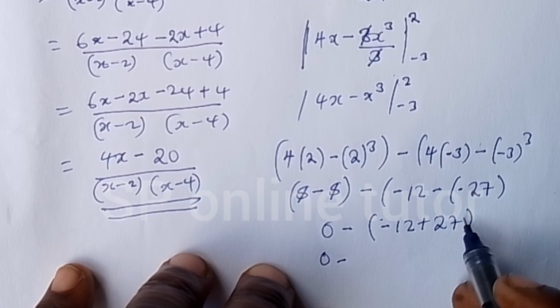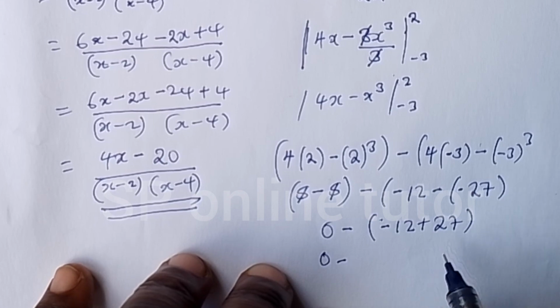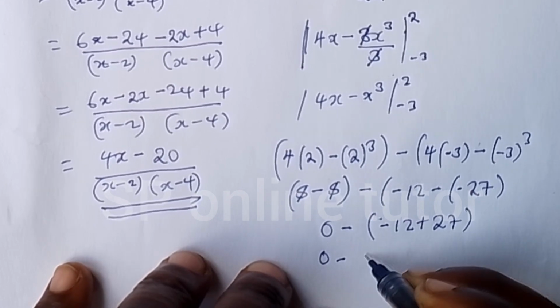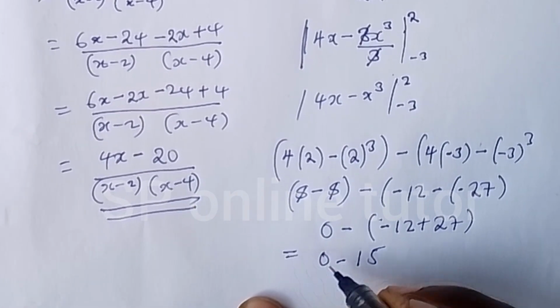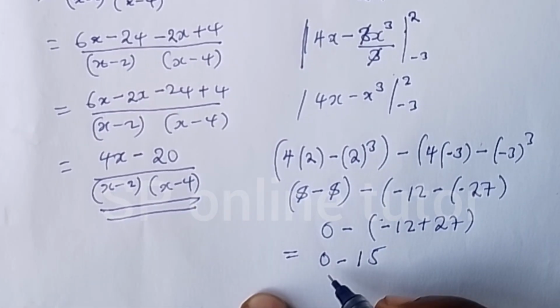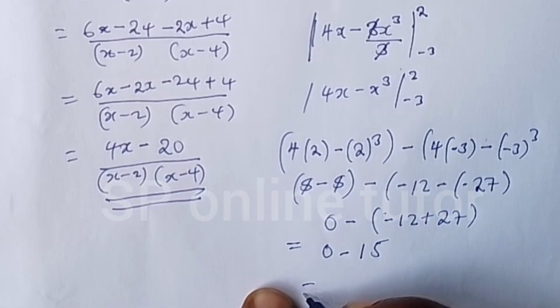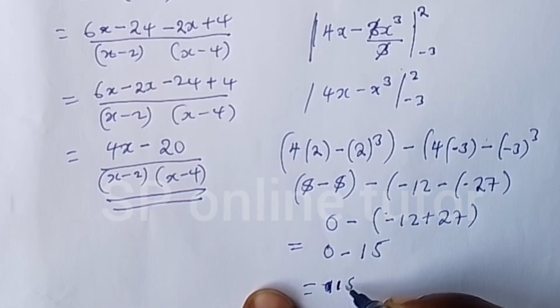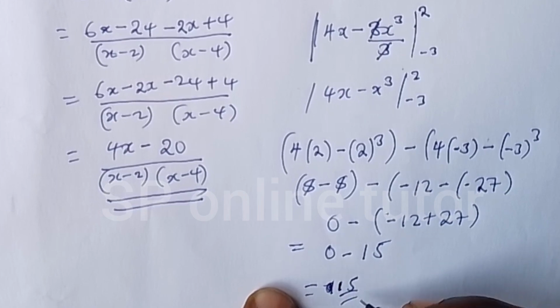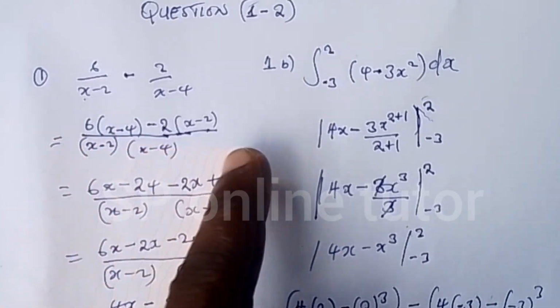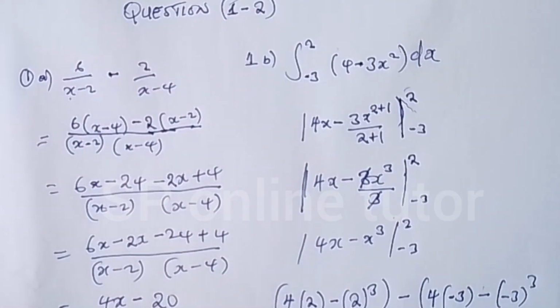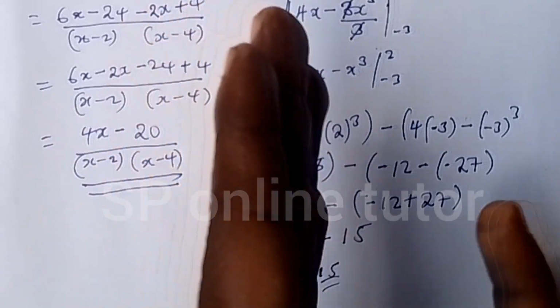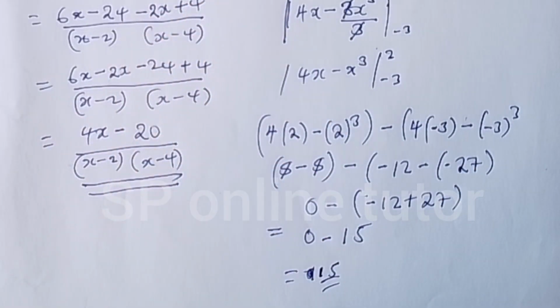You follow the sign of the bigger number, okay? So we have 15, and here we are subtracting the bigger number from 0, which means the answer is minus 15. This is our answer for question 1b. This was A, okay? This is how we go about the integration, okay?